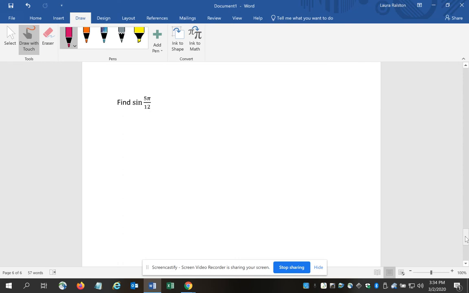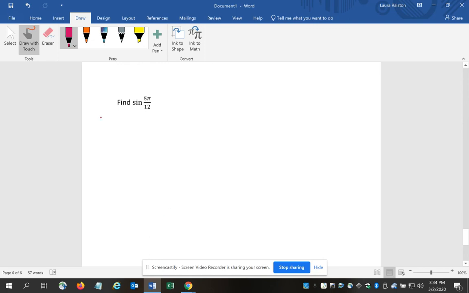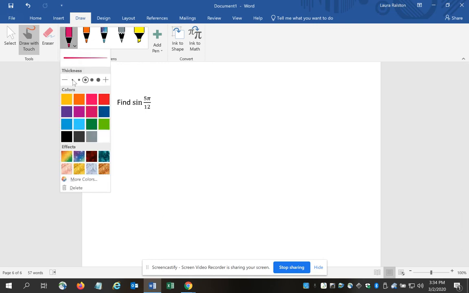We have the sine of 5 pi 12ths. Again, if I go out and I look at my unit circle, it doesn't have 5 pi 12ths. And this one's a little bit harder to do because we're not as familiar with pi units, but I may have to think about it.